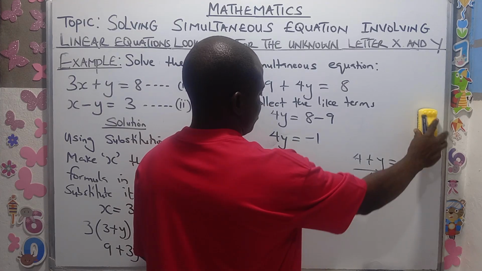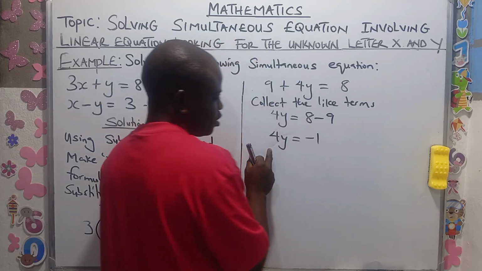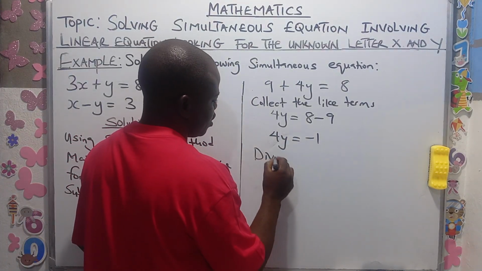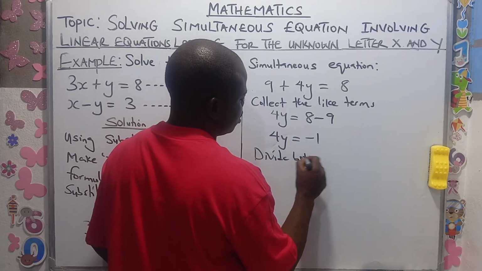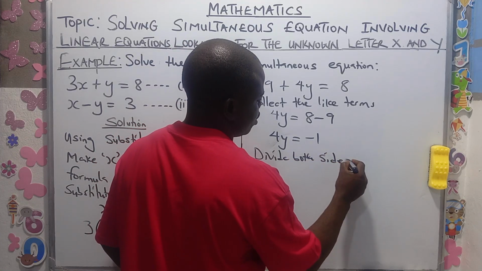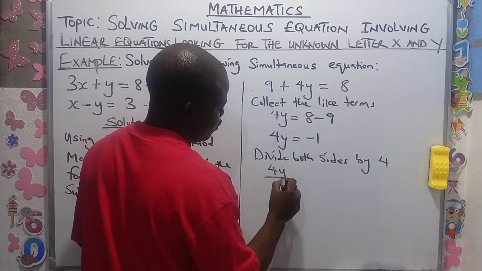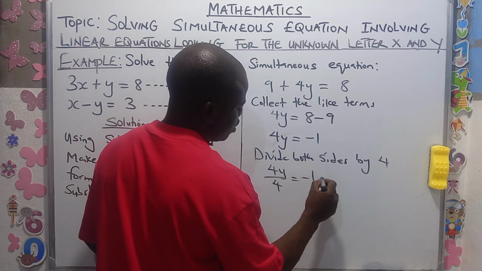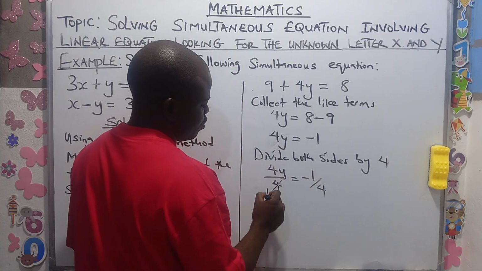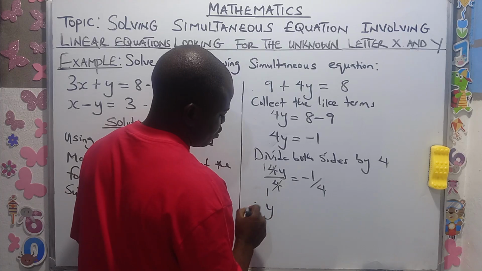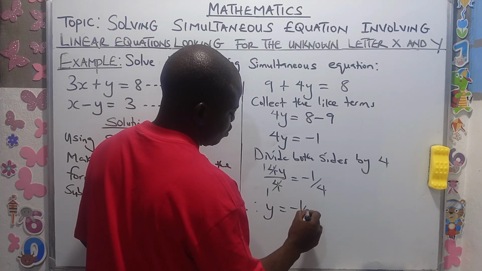Is that okay? In this case, you don't collect the like terms here. You divide both sides by 4. You have 4y divided by 4 equals minus 1 divided by 4. 4 cancels 4. Therefore our y equals minus 1 over 4.